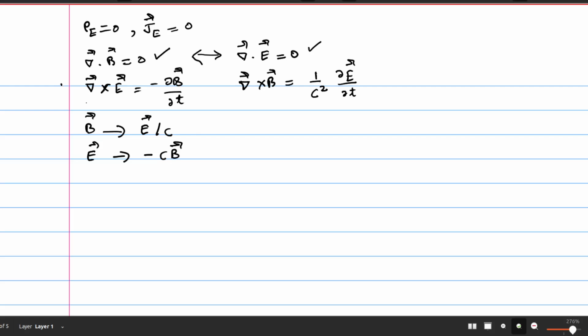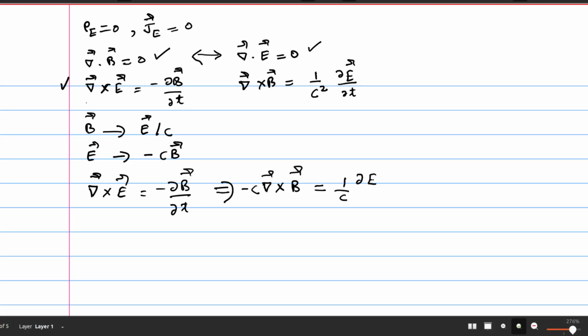So consider this third equation here, curl of E equal to minus del B over del T. If in this equation we replace E with minus CB, we get minus C curl of B, and on the right hand side we replace B with E by C, we get 1 by C del E over del T, with a minus sign because we have minus del B over del T on the right hand side.